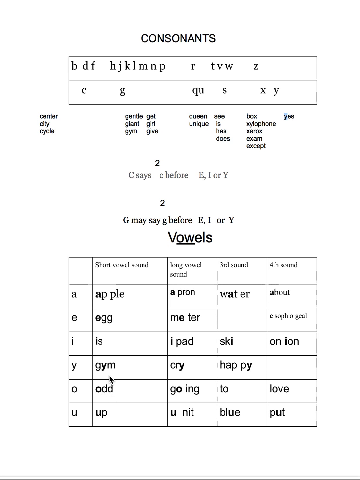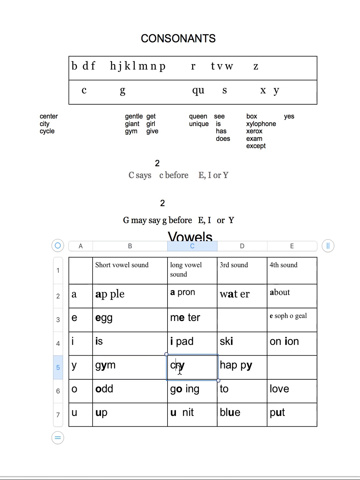Now look at the letter Y as the vowel sound. The letter Y says I, like in Jim, and you'll notice G says J. Why? Can you say the rule? G may say J, the second sound, before E, I, or Y. And there's a Y, that's why the G says J in Jim.